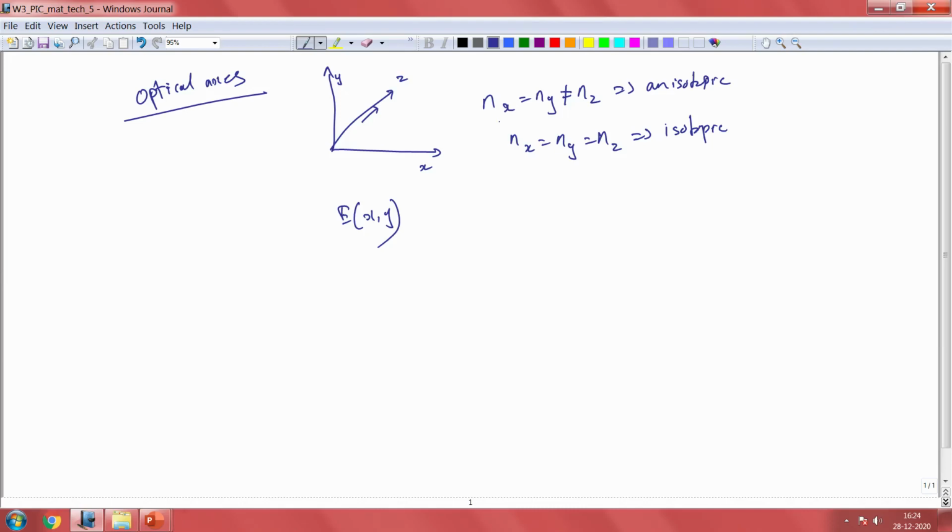The reason for that is the refractive index along x and y, which is where your electric fields are distributed, is the same. So that electric field will not see any difference, and the light will feel this medium as if it is isotropic. So it is very important to understand the situation where the material anisotropy will affect the light propagation.